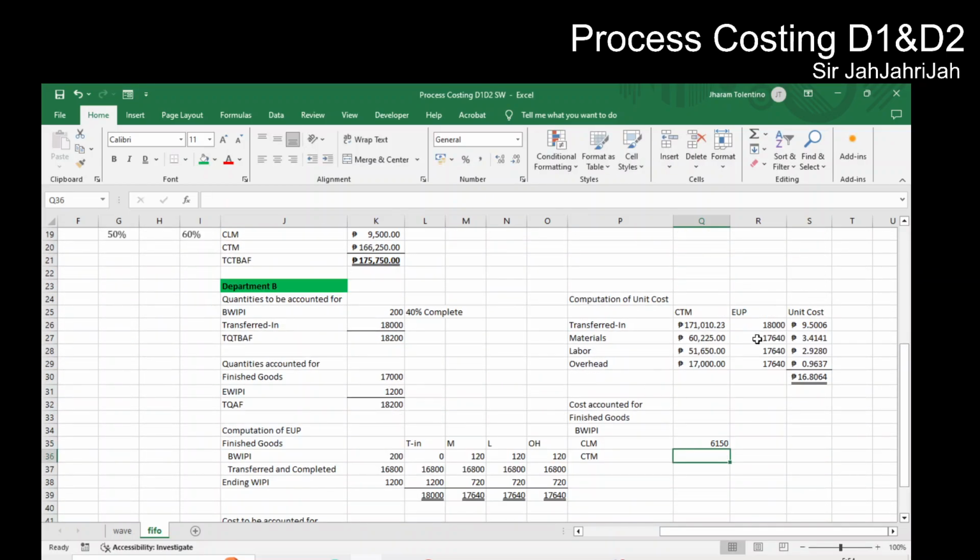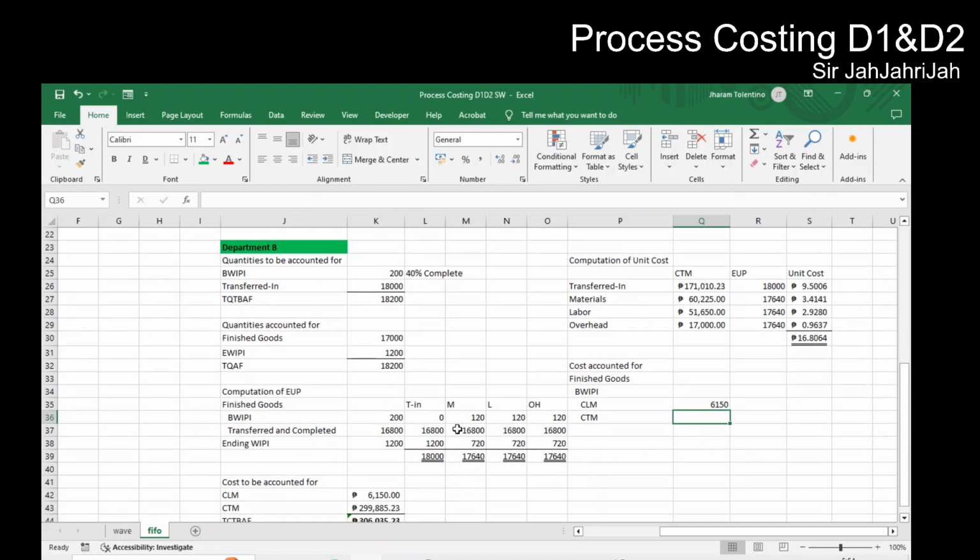And then for the cost this month, we have an equal EUP of 120. So we can have this 3, 7.3058. Let me check it again. Okay, peso sign. And then the total is your cost of beginning work in process inventory.